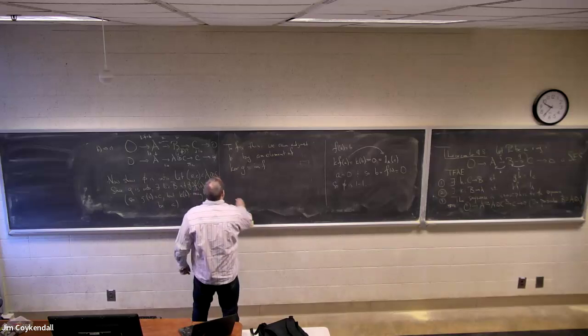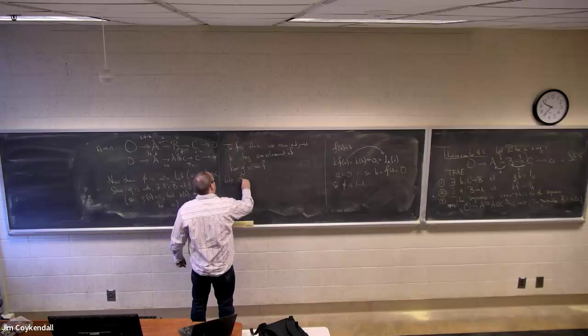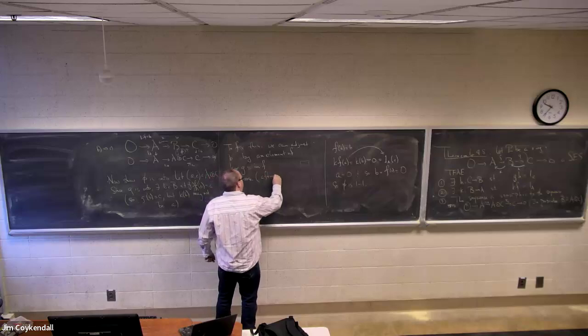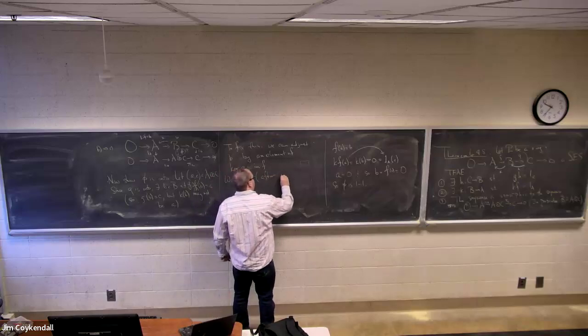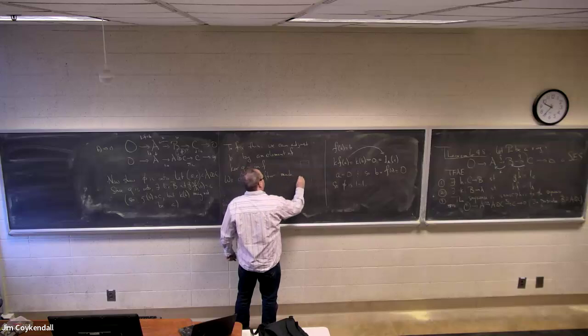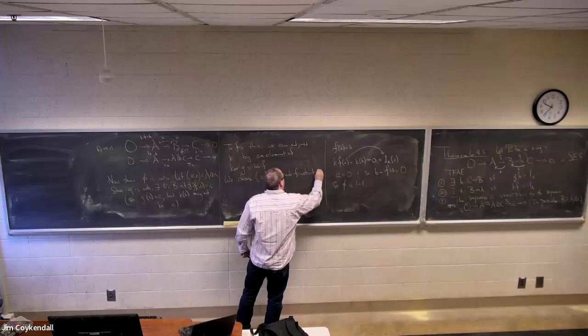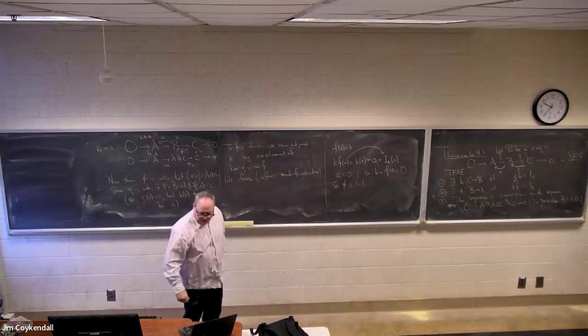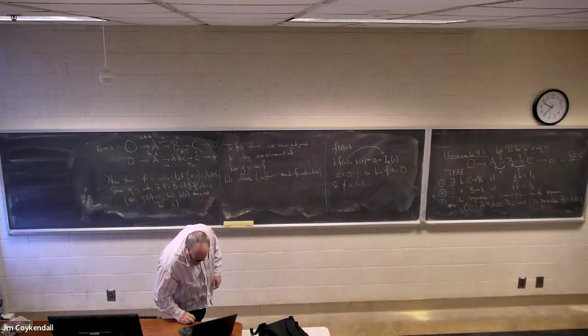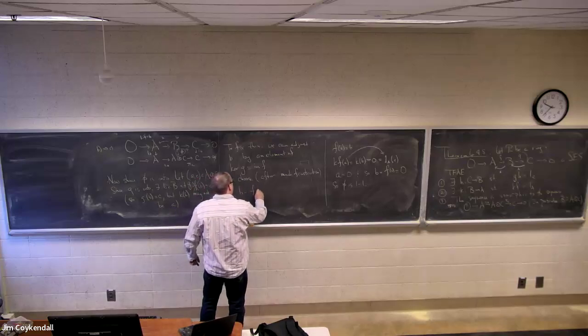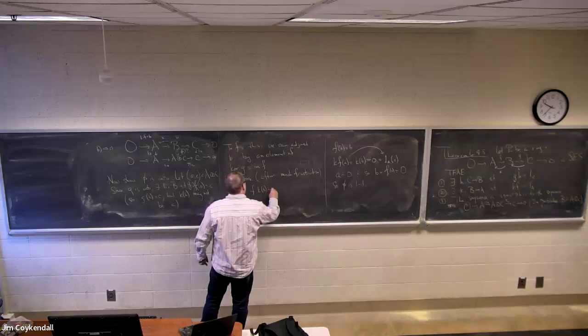So after playing around and trying to adjust this to make it work out, we will choose B minus FK of B.